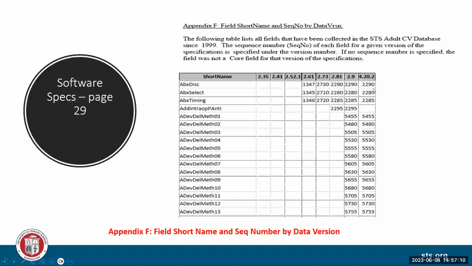So what does that tell you about the database? It's really grown, from 1347 all the way to 2290. So you can see how sequence numbers can change over versions, but short names don't change.